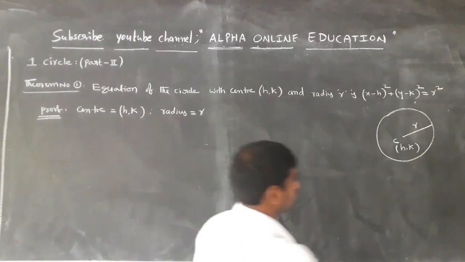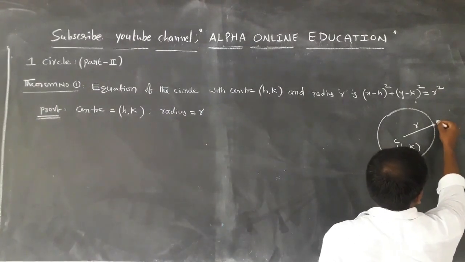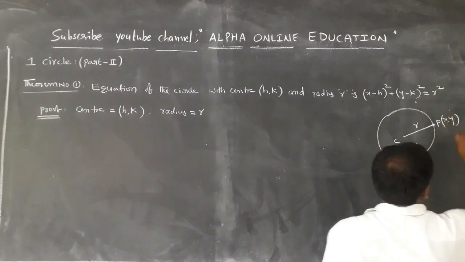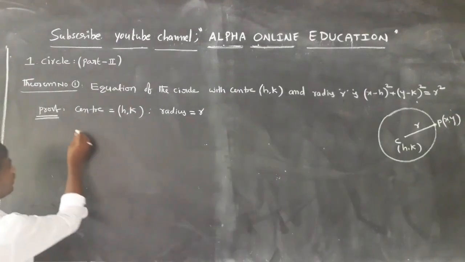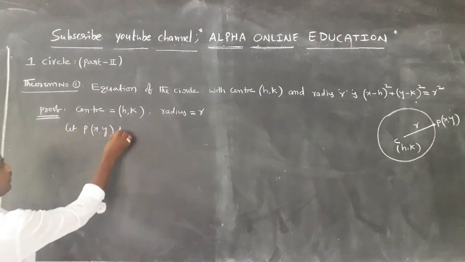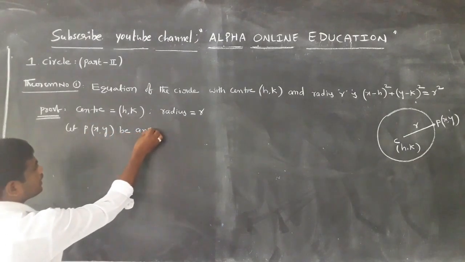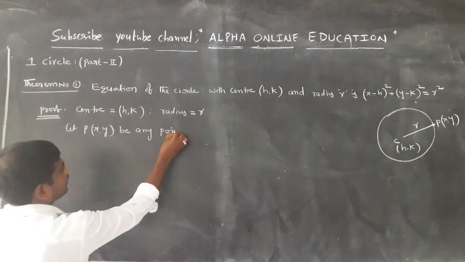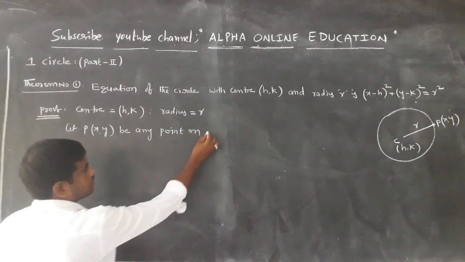Here let P of x comma y be any point on the circle.